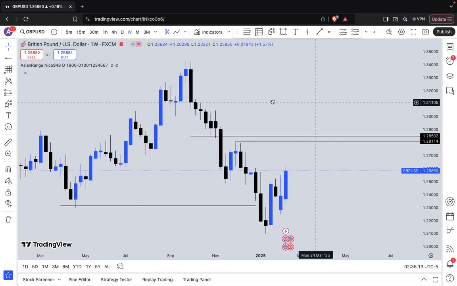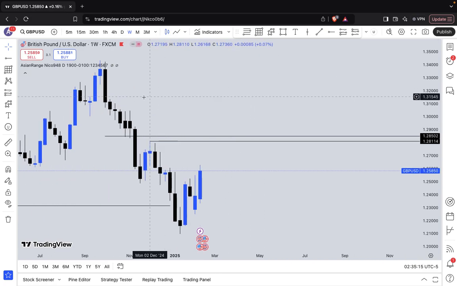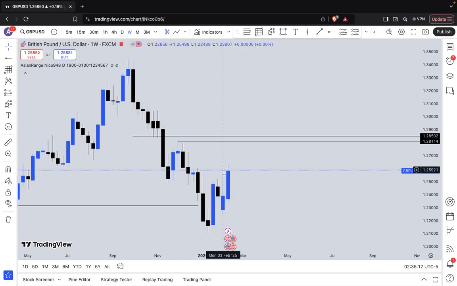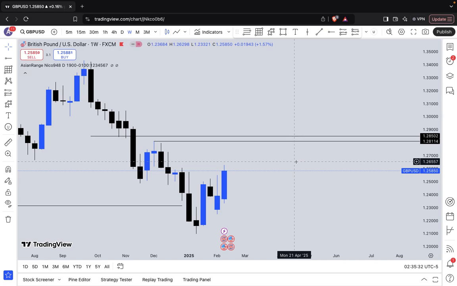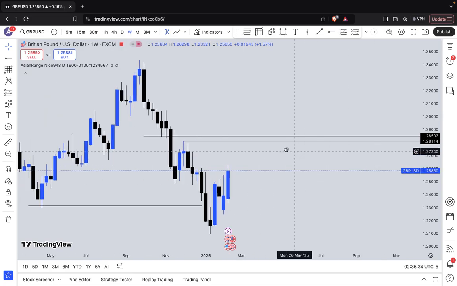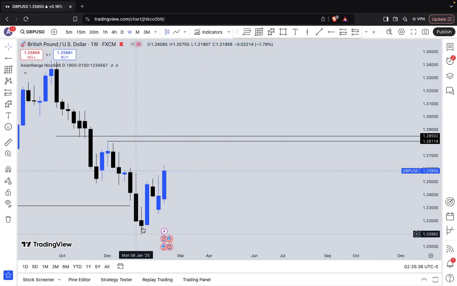But you know, market makers can do whatever they like, okay? Even if the market gets to this monthly fair value gap, they can decide to move the price to this fair value gap again before continuing to the downside. All you have to do is follow the trend. On the weekly time frame, you can see price gave us this high, this low, this high.